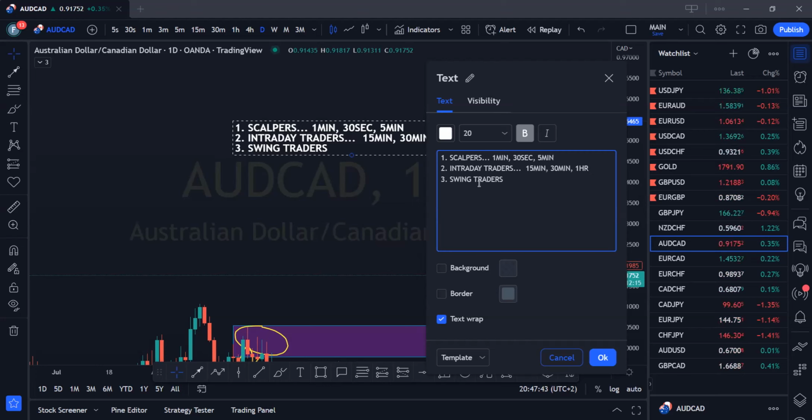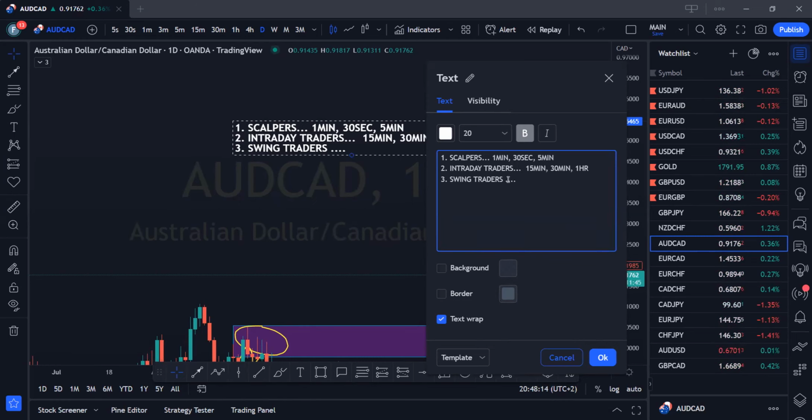But the average time that an intraday trader will spend on a trade is about 24 hours, or 2 days. A swing trader is willing to hold a trade for a longer period of time. They have the patience to hold a trade for several days or even several weeks, as the market presents to them.